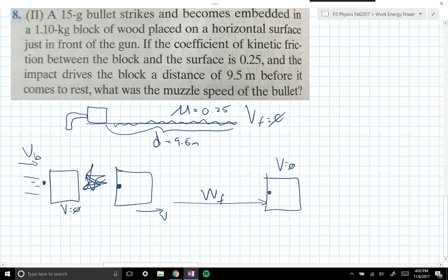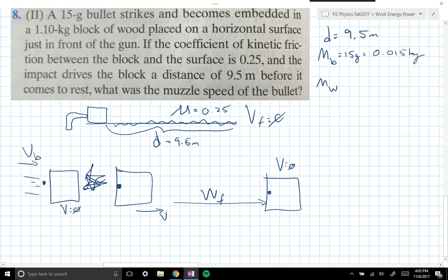Okay. All right. Let's see here. We know how far it travels. We know displacement. We should write all this stuff down. Well, we kind of already did. Displacement, I'm interested in 9.5 meters. The mass of the bullet is 15 grams, which is equal to 0.015 kilograms.